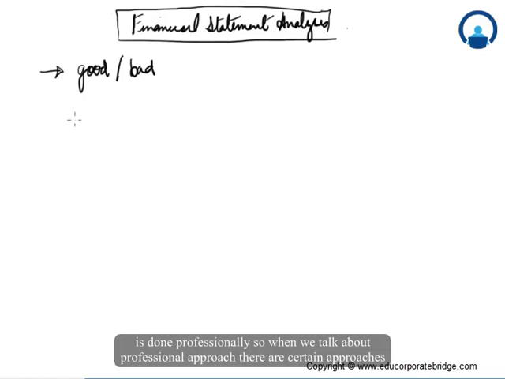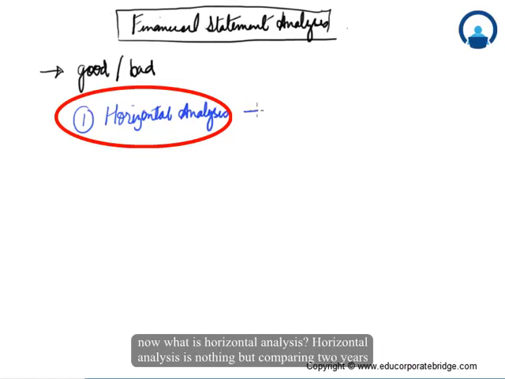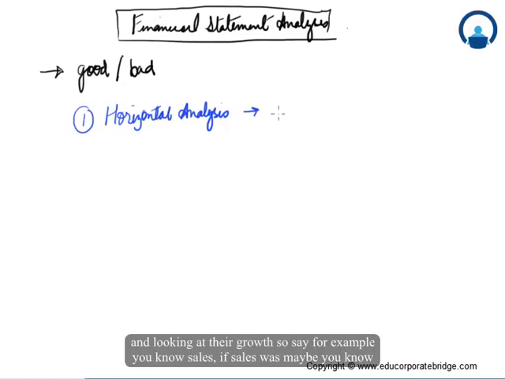When we talk about the professional approach, there are certain approaches which analysts do follow, starting with number one, something called horizontal analysis. Now what is horizontal analysis? Horizontal analysis is nothing but comparing 2 years and looking at their growth.